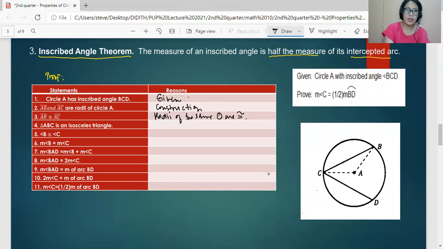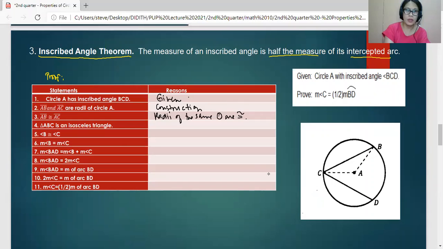Now, triangle ABC is an isosceles triangle, because of the definition of an isosceles triangle, which has two equal sides.